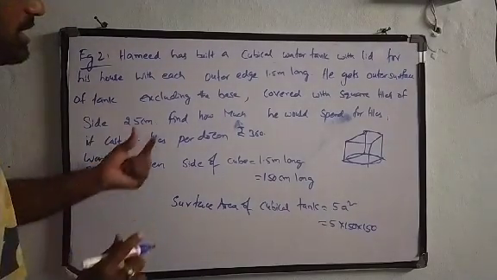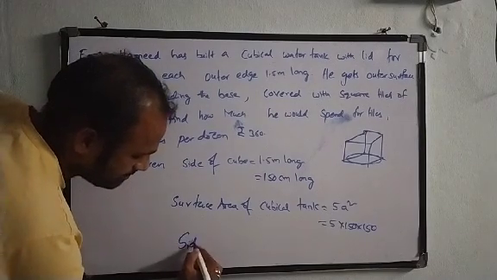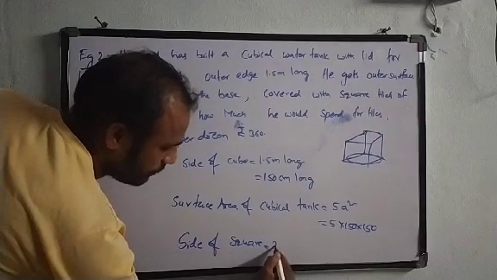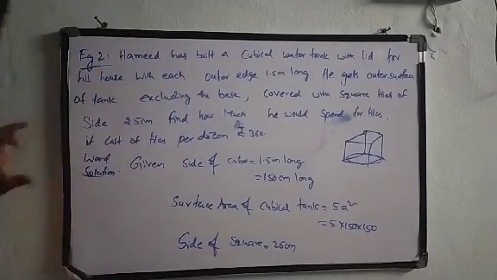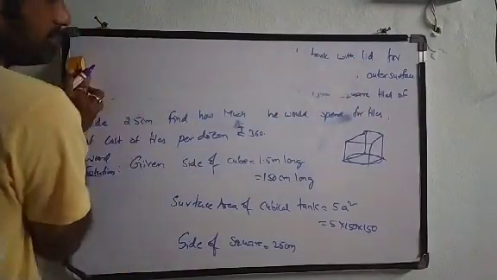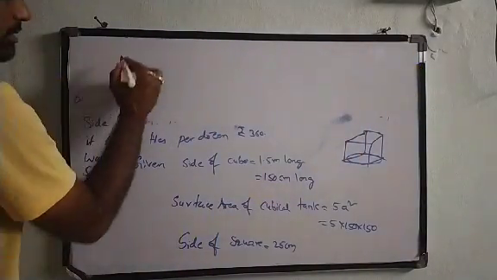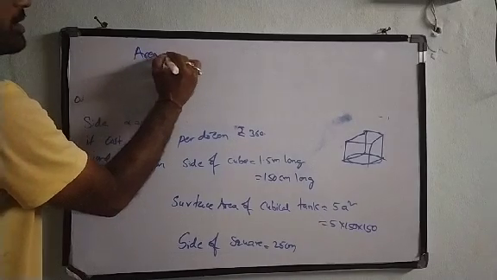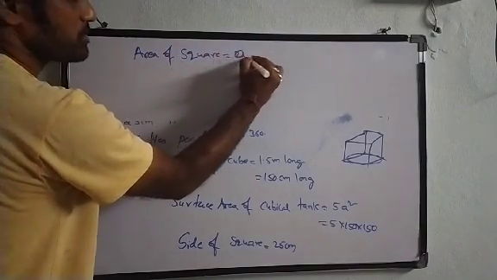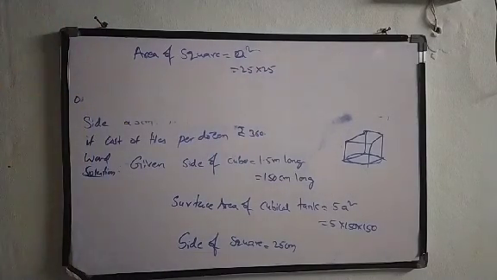Now on this we are keeping square tiles, so the side of the square is 25 centimeters. Next, the area of a square, a square, is 25 into 25. Let us keep it as it is.